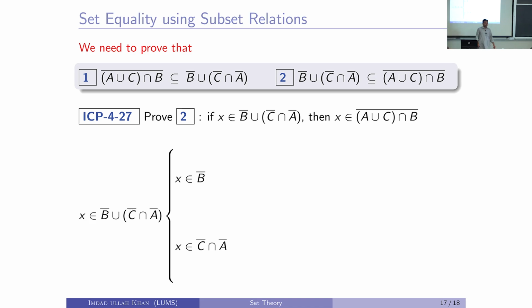If X is in B complement, then what do I know? Apply the definition of complement, then that means X is not in B, right? If X is not in B, that means X is not in B intersection anything, right?